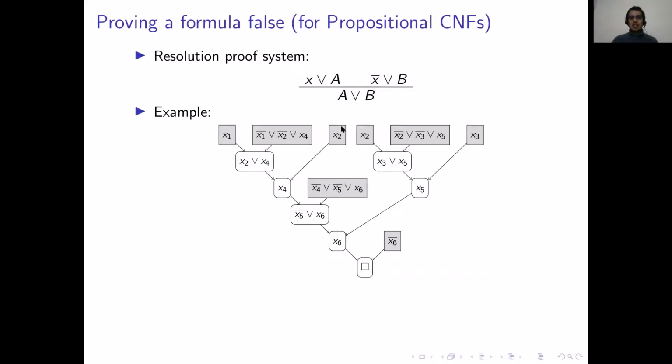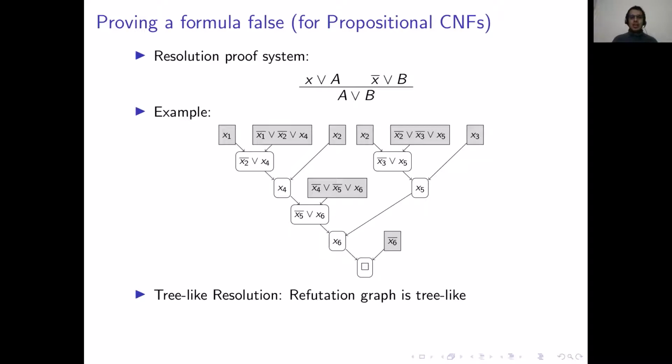Here the gray rectangles are clauses of your input formula, and using them you derive new clauses. For example, from this clause and this clause you can derive this clause, and you can proceed until you obtain the empty clause, and from this you can conclude that your original formula was false.